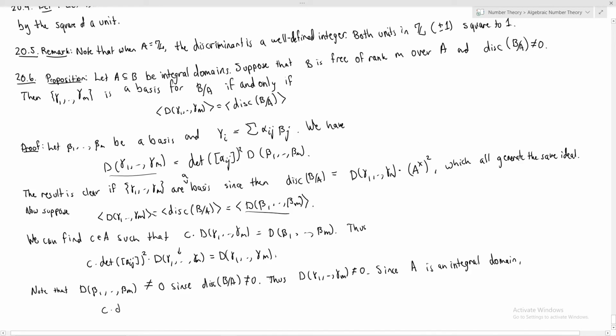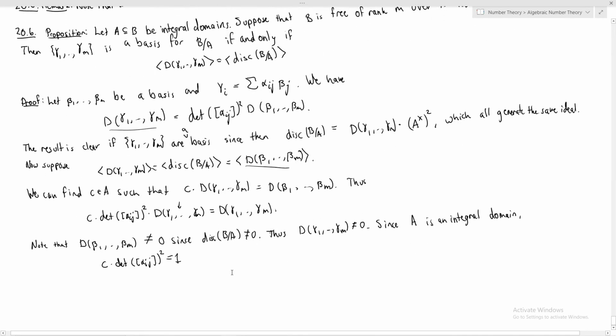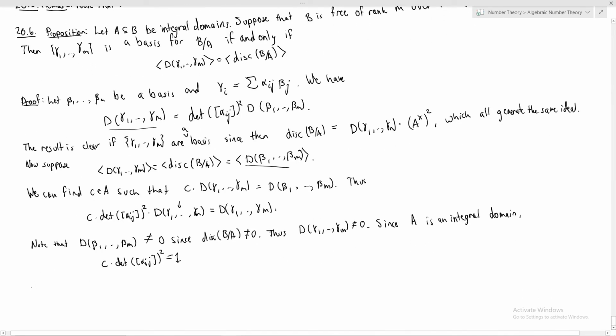Since A is an integral domain, C times determinant of alpha ij squared equals 1. Okay, and from this, thus, what do we see?